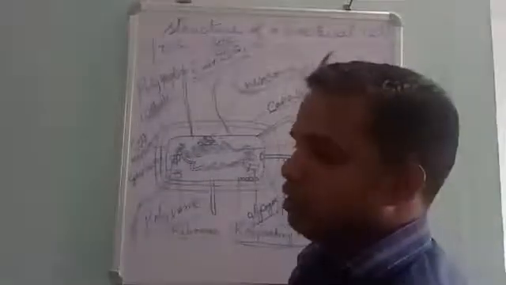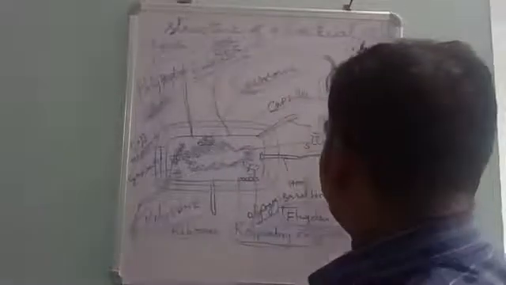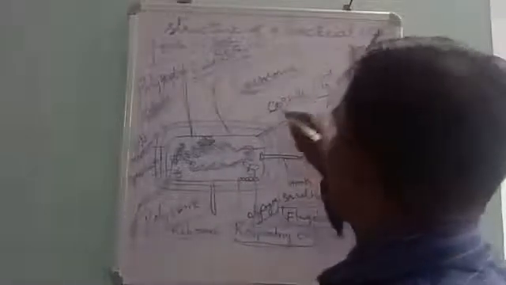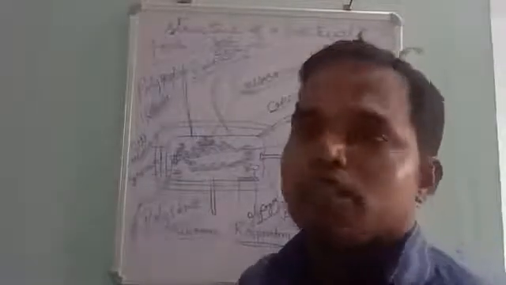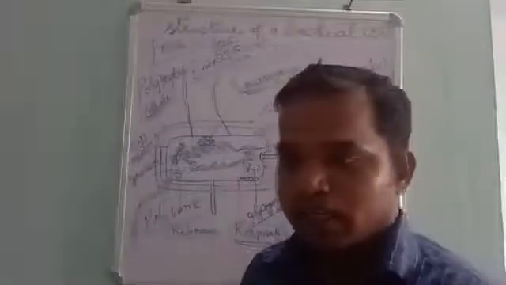Glycocalyx, you already know that if it is tightly packed and bound to the surface of the cell, the gelatinous layer forms a capsule. If it is loosely packed on the surface of the bacterial cell, then we call it a slime layer. Clear? So thereby we are able to understand the function of the bacterial cell wall.